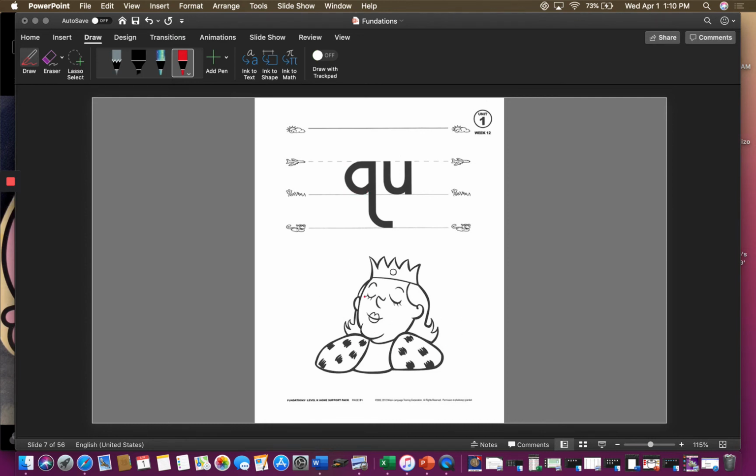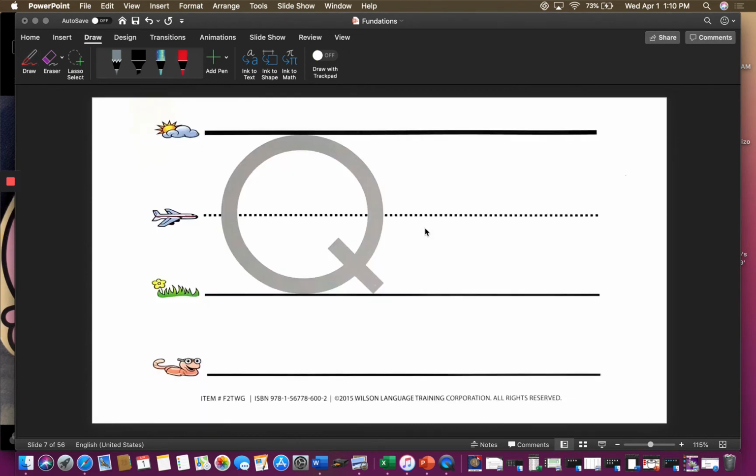Queen is the picture or the word that we're going to be using. And for the sound, we need to have the U next to it to make the qua sound. Q, queen, qua. But when we're writing it, we're just going to write the letter Q.